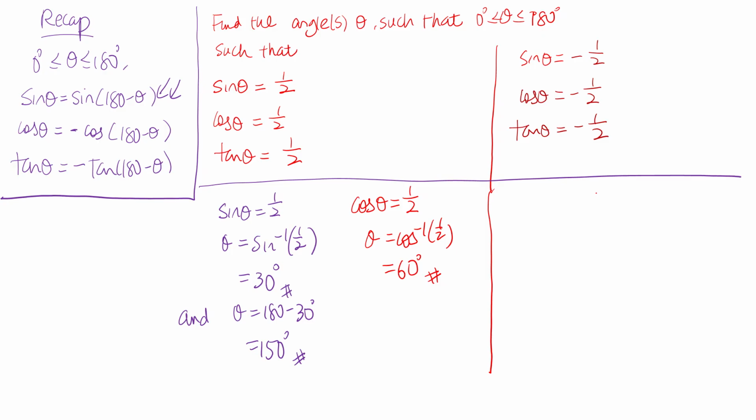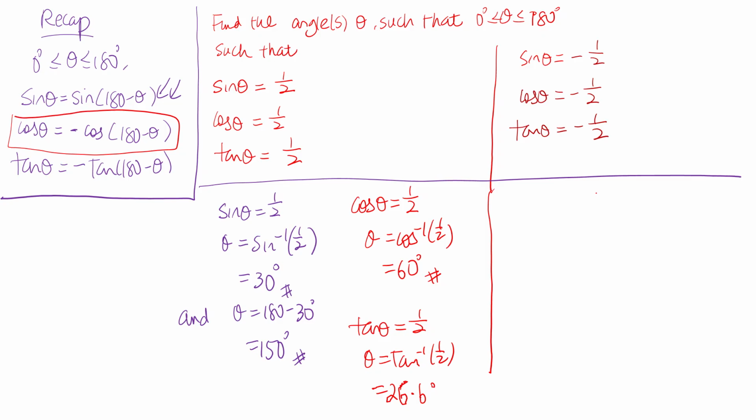Similarly, for tangent theta, there's only one possible angle, which is 26.6 degrees. Okay, so how then can I make use of this? Because if you tell me that cosine theta equals half, there's only one value, which is 60 degrees, then how do I make use of what we have learned earlier?